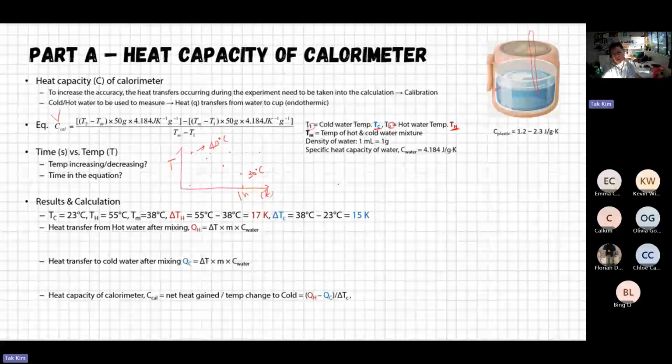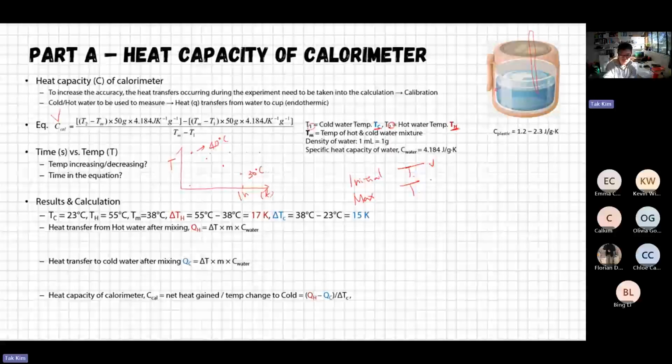So since we are talking about changes of the initial and final, when it comes to a heat producing reaction or exothermic reaction, you always want to look for temperature initial. So let's call it initial temperature, and then final or maximum temperature.